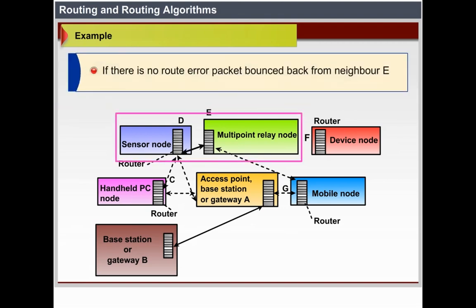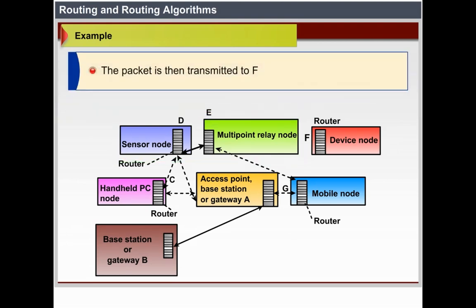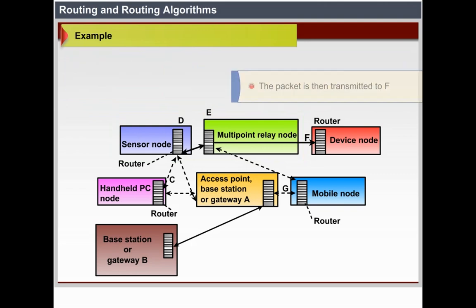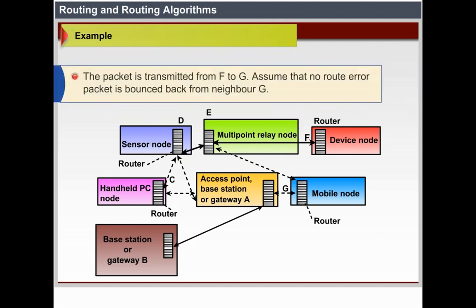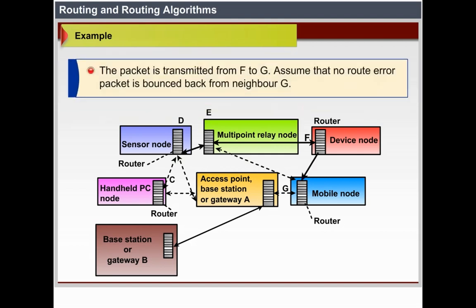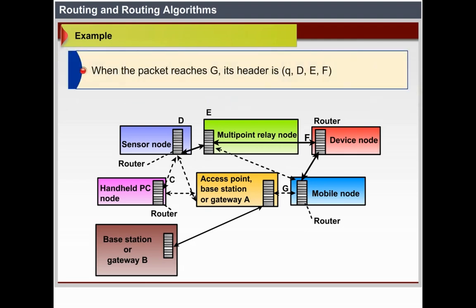Assume that no route error packet bounced back from neighbor E. The packet is then transmitted to F. When the packet reaches F, its header is QDE. Assume that no route error packet bounced back from neighbor F. The packet is transmitted from F to G. Assume that no route error packet bounced back from neighbor G. When the packet reaches G, its header is QDEF.